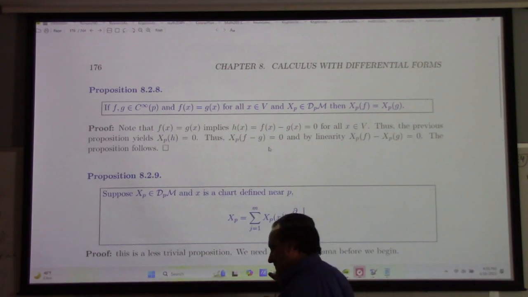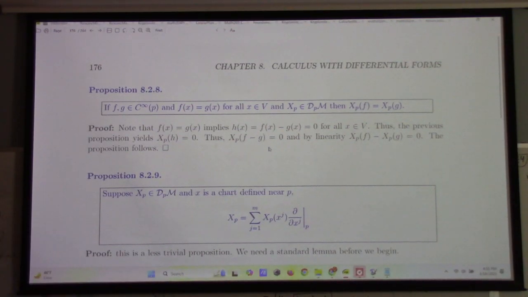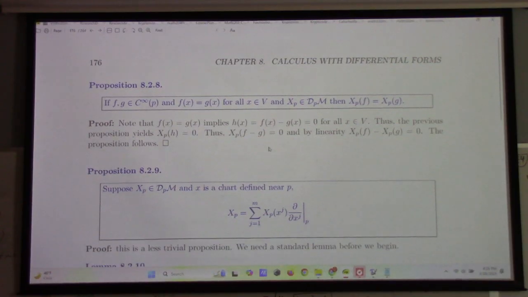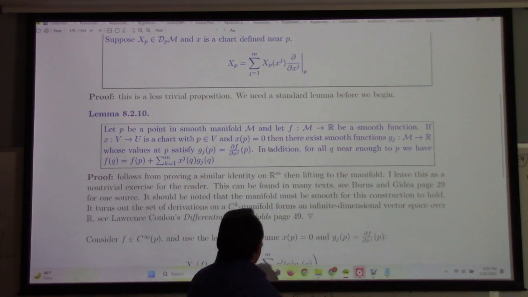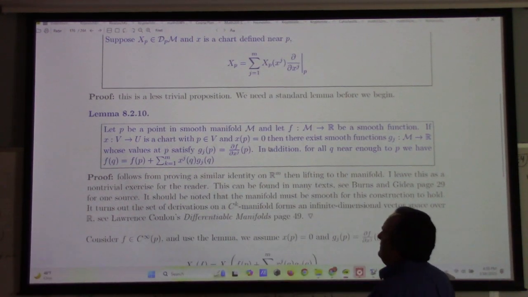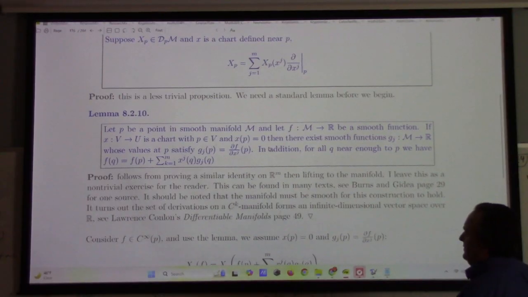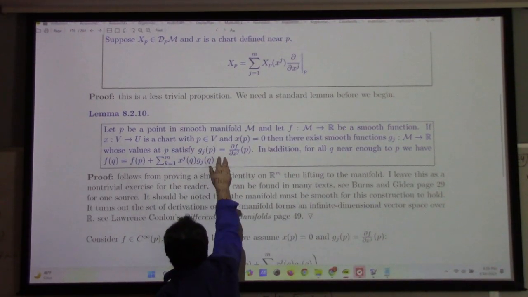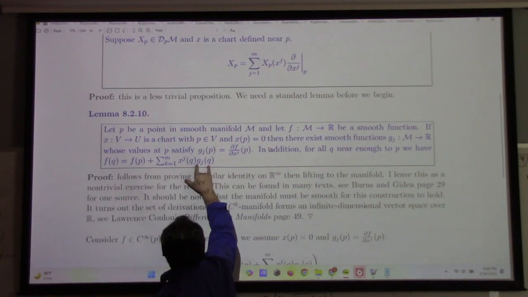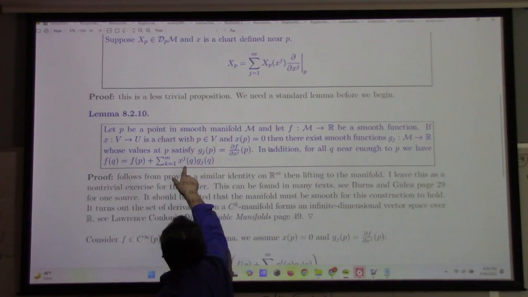The proof of this is not easy. You need this lemma that if you have a smooth function, then you can rewrite the formula for the function in terms of these G_j's like this.